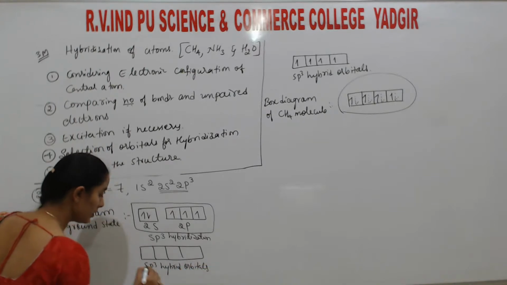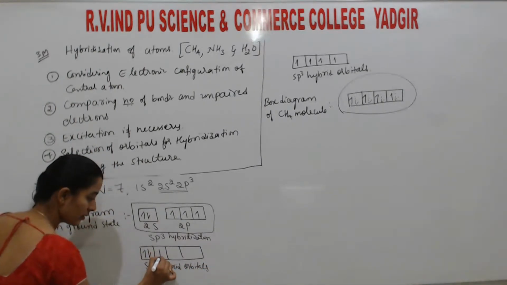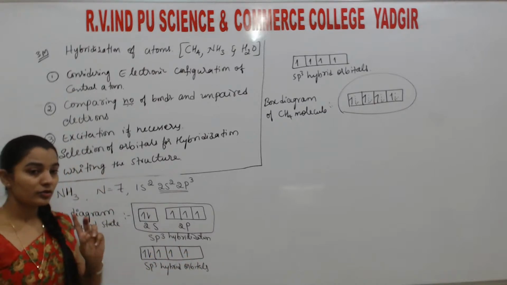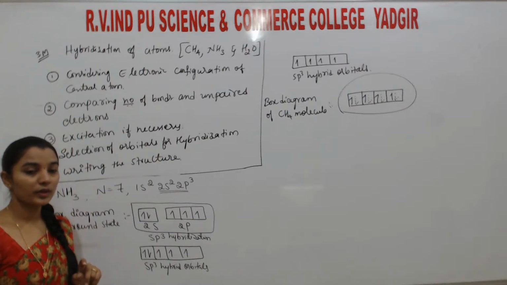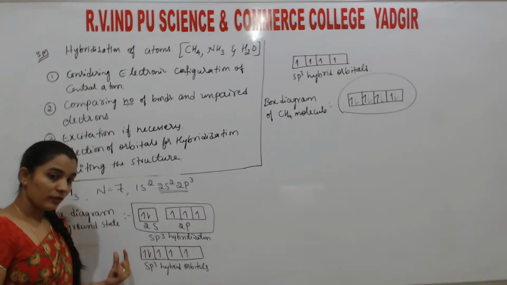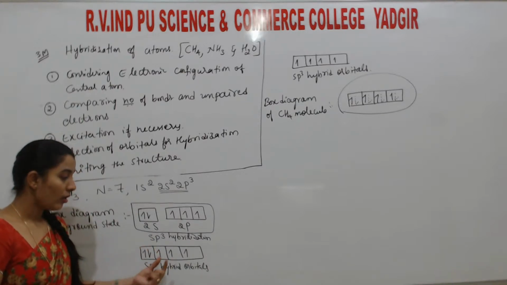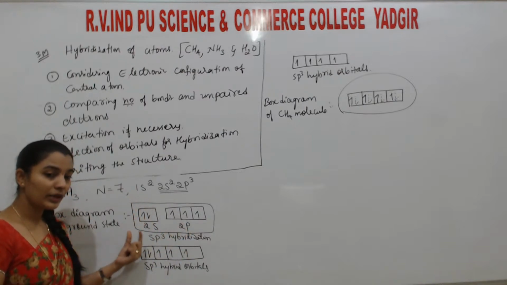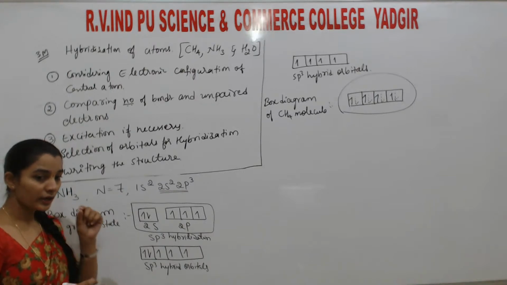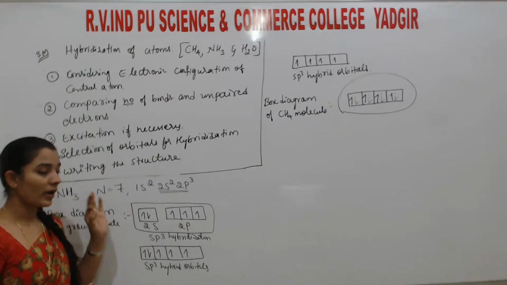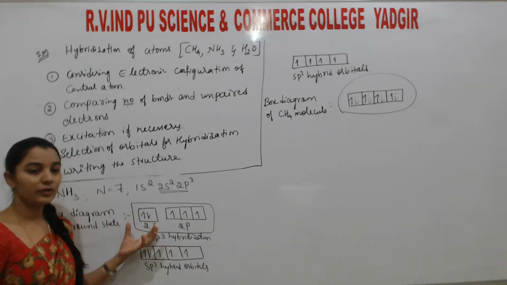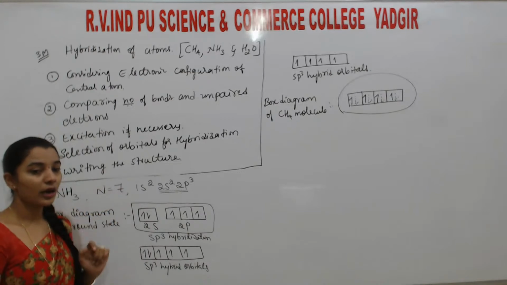Remember how to write this? This orbital is like this. These 3 are. And just remember the postulate I told you in the previous class. So what is that? Even the unpaired electron, half-filled electron, and completely filled electron also participate in the hybridization. I have clearly explained that in the postulate. You just go and check. Okay, the half-filled as well as completely filled electrons are also involved in hybridization.